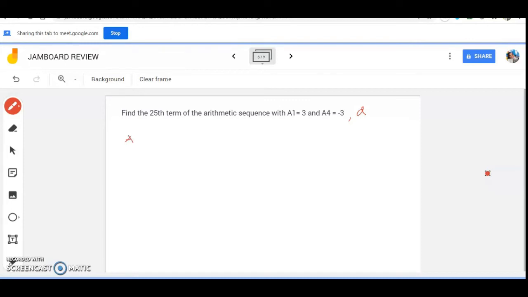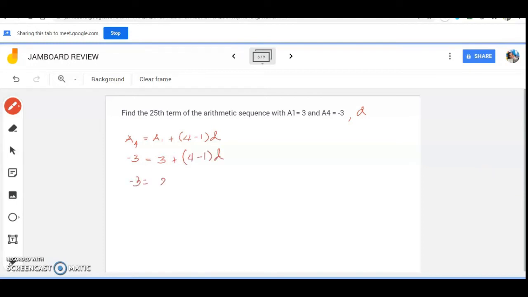We have the last term, which is a sub 4. That's a sub 4 is equal to the first term plus n minus 1, or 4 minus 1 kasi meron ng fourth term. So, 4 minus 1 times the common difference. So, our a sub 4 is negative 3. Our first term is 3 plus 4 minus 1 times d.